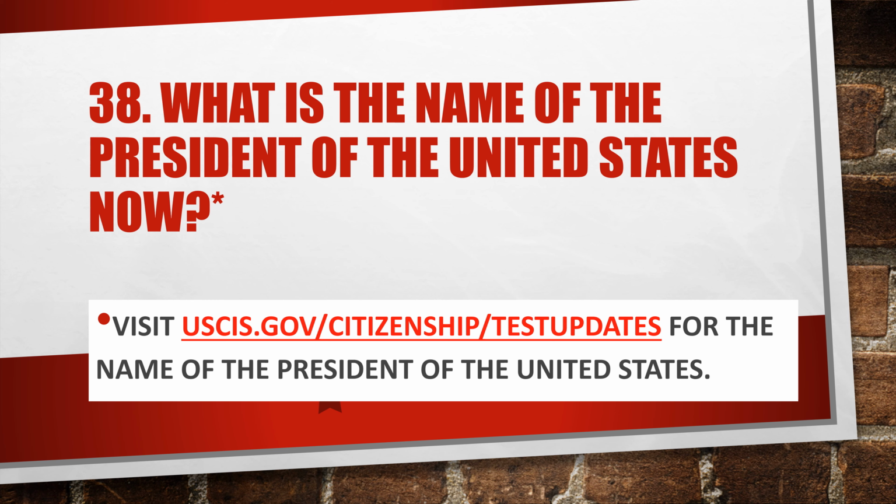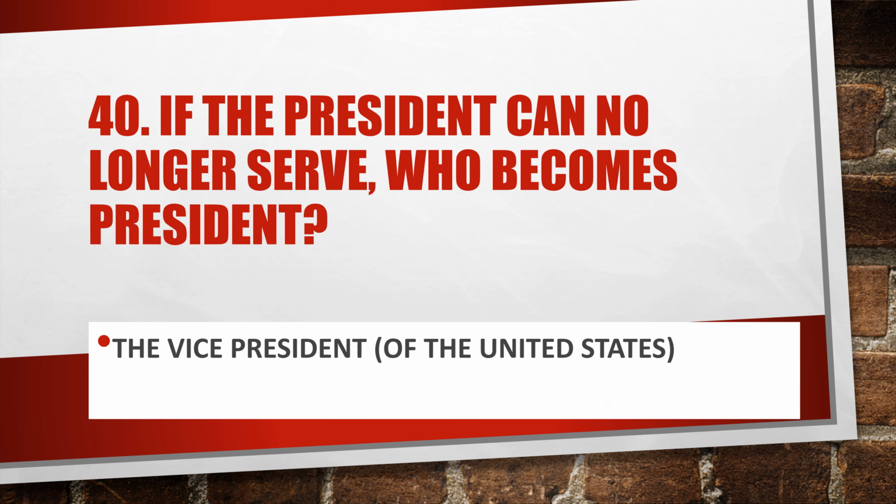What is the name of the President of the United States now? What is the name of the Vice President of the United States now? If the President can no longer serve, who becomes President? The Vice President of the United States.